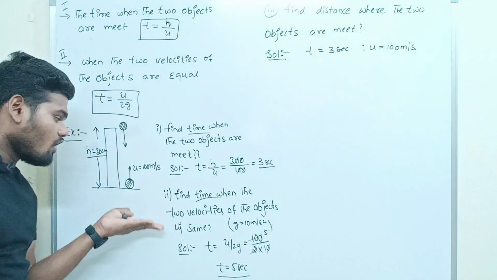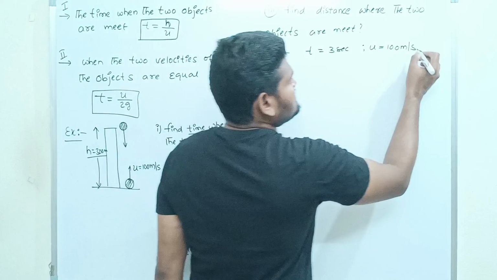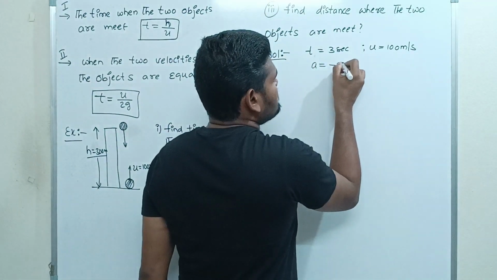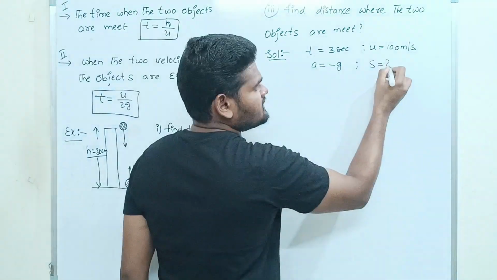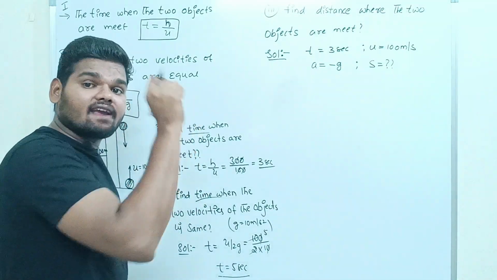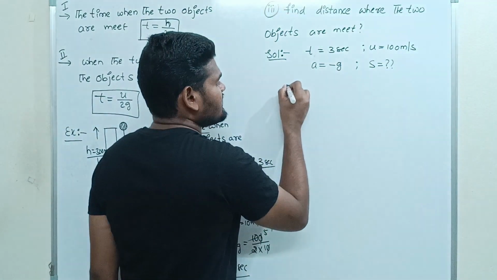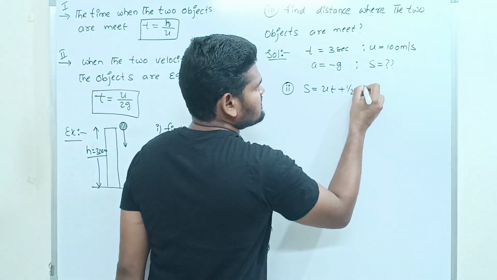Whenever the object is moving away from the ground, its acceleration due to gravity a is equal to minus g. What we have to find is the distance s. We have the second equation of motion: s is equal to ut plus half at square.